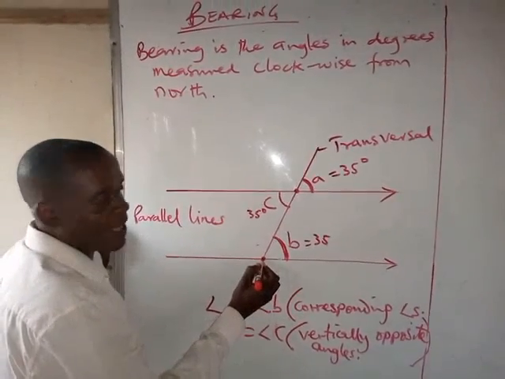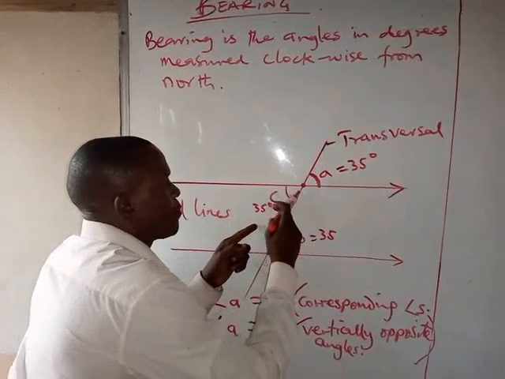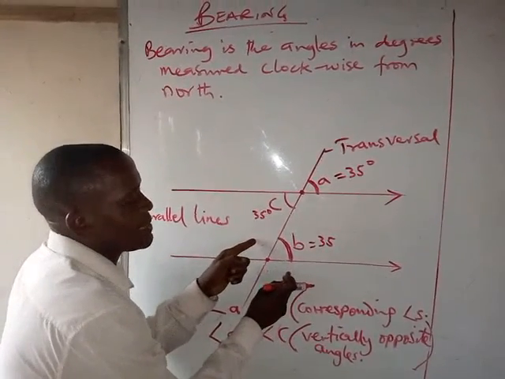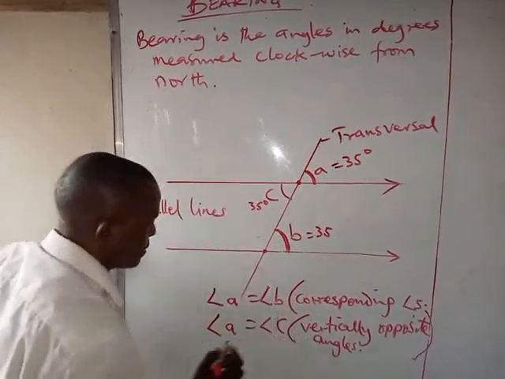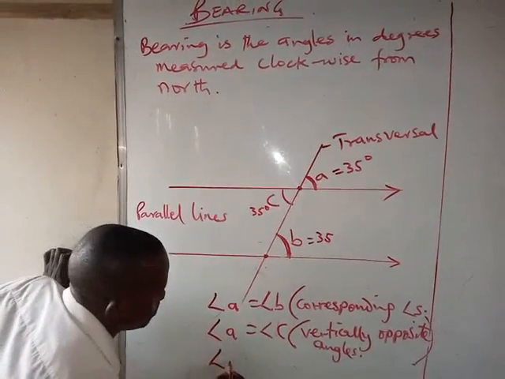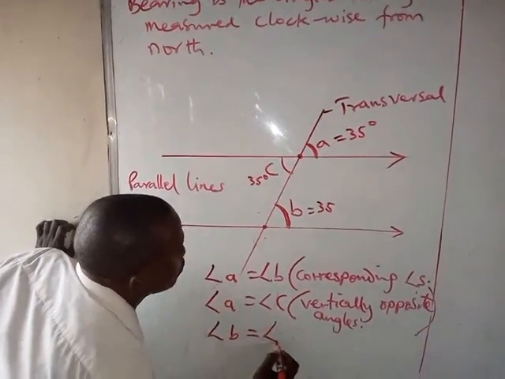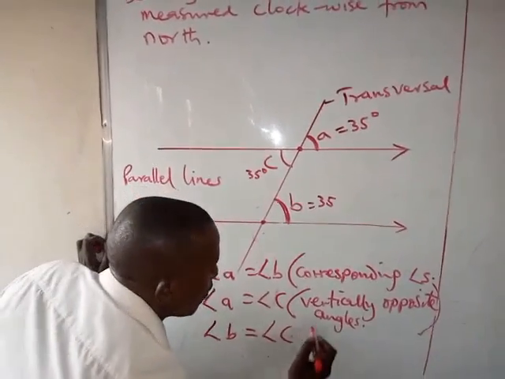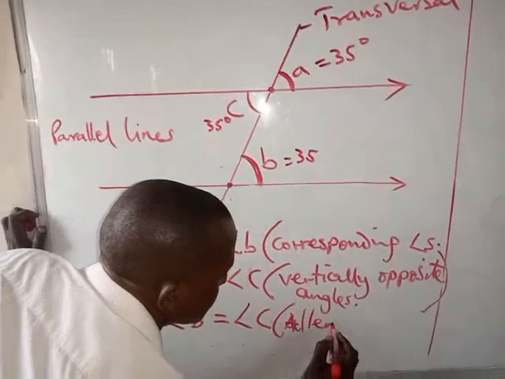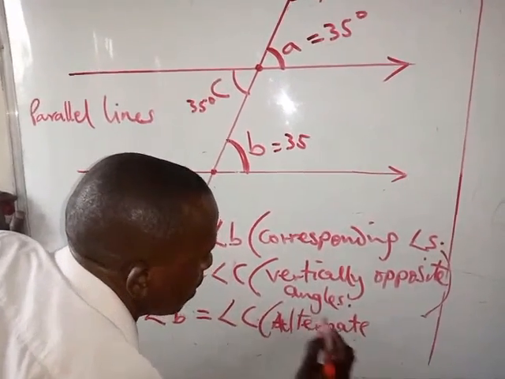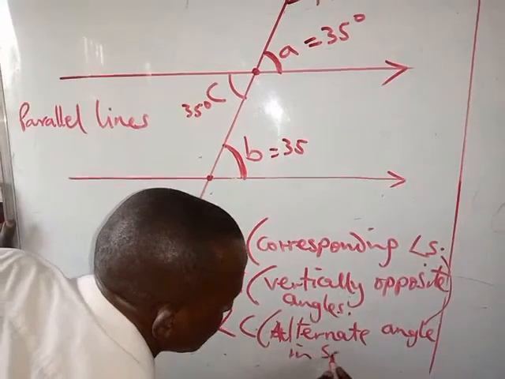It's a line that is defined. It has a beginning and it has an end. So we now say angle C is alternate to angle B in the same line segment. So we say angle B is equal to angle C. That is alternate angle in same segment.